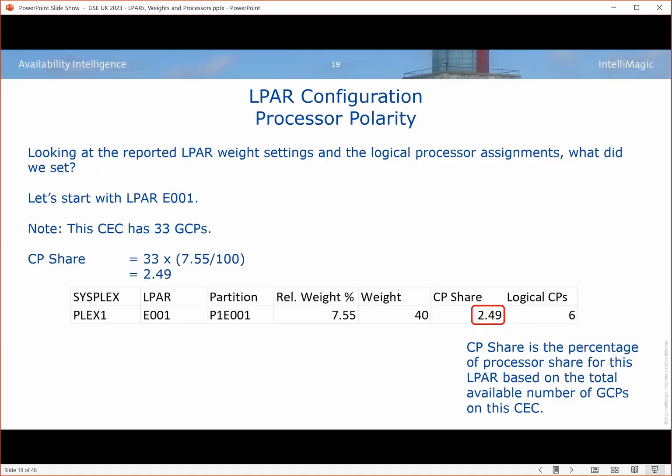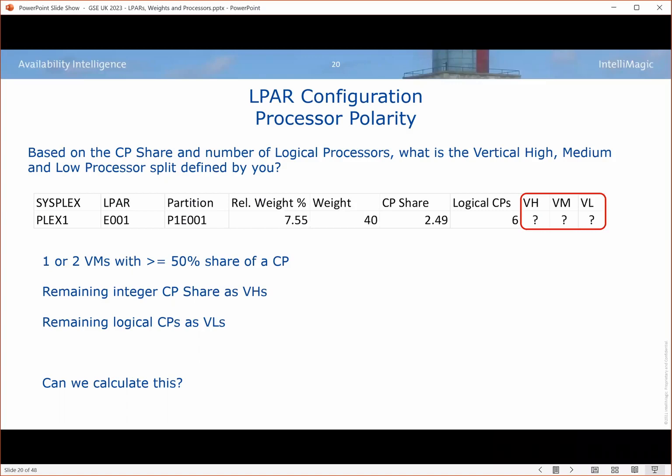Okay, so let's take a look at what we set and just confirm that that's what we are actually getting. So LPAR E001, the CEC has 33 general processors. The CP share, well, it's the number of general CPs times the percentage, i.e. the relative weight, and it works out to be 2.49. That's straightforward. So here it is in my table, 2.49 CP share.